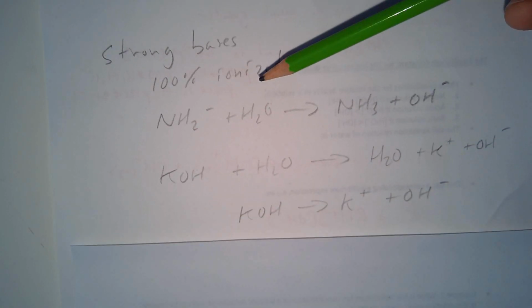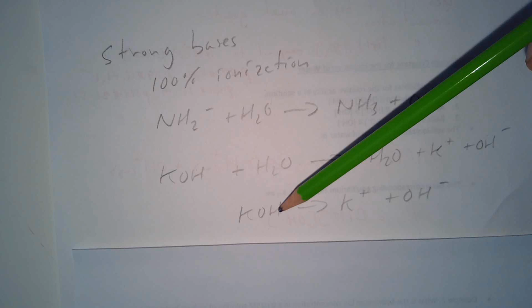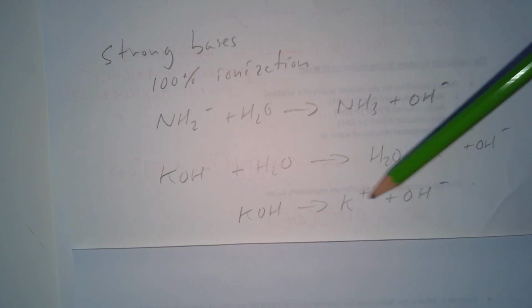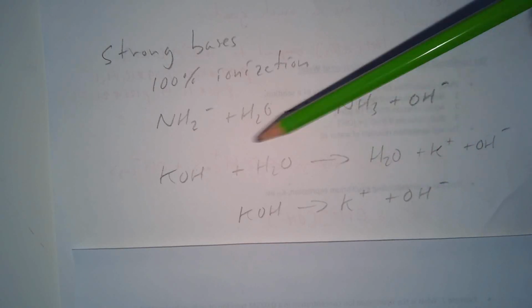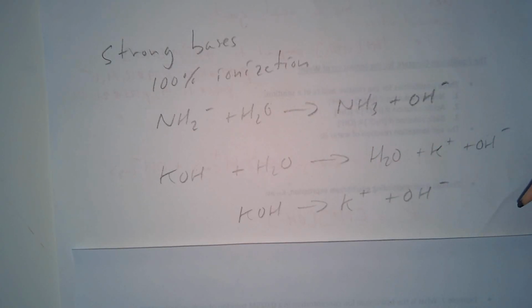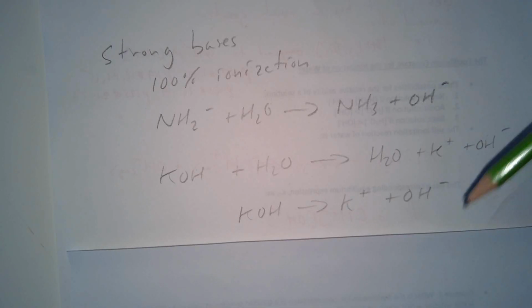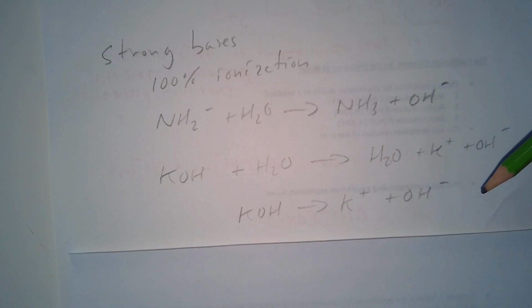So the other way you could simply write this is KOH separates to K plus and OH minus. There's your OH minus. It's contained within the KOH, and again that is the presence of basic conditions. Okay, so OH minus is what we call the strong base part of whatever it is we're looking at.